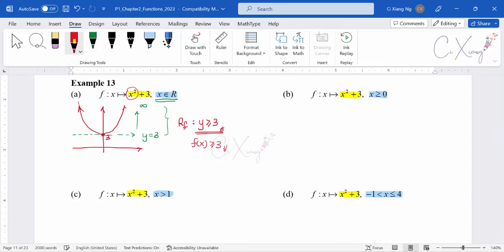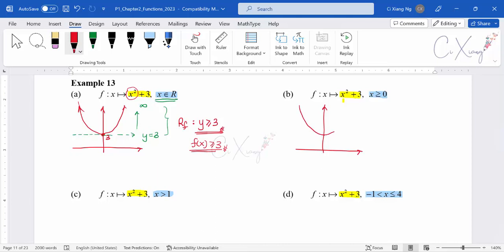Then maybe now we can further investigate part B. For part B, I'm still having the same expression, x squared plus 3, and the domain given is x greater than or equal to 0. If I want to decide the range, again I draw the original curve first.